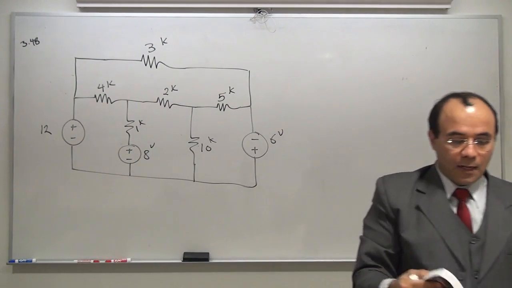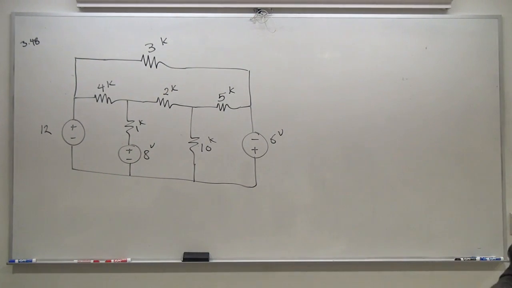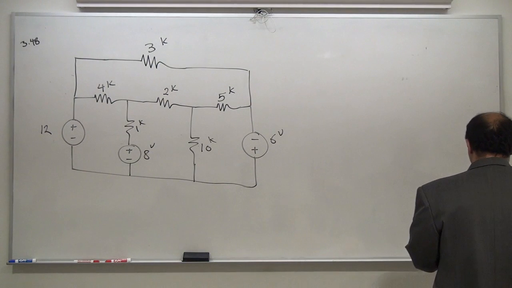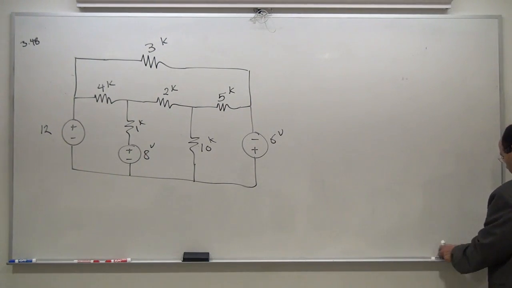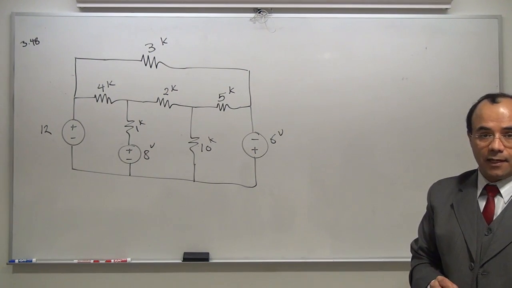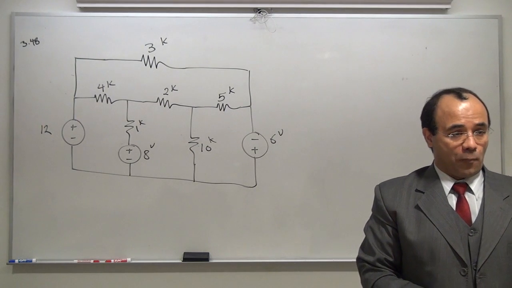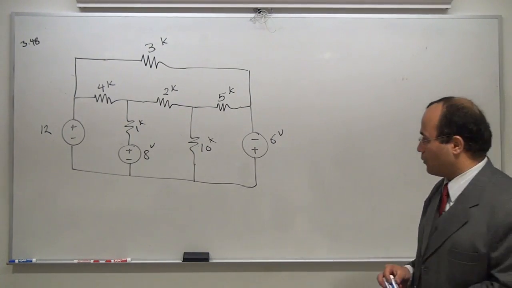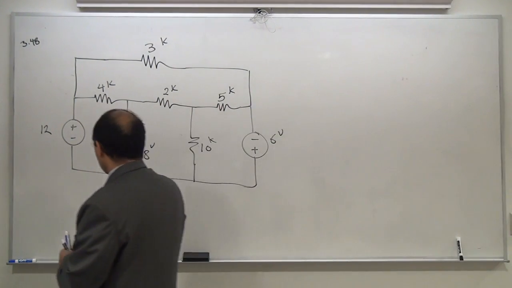Okay. Now we are in the mesh territory. What we need to do is identify the loops, the basic loops. We have shown before, and we talked about it, that if I write KVL for the basic loops or primitive loops, then I'm going to be safe and sound.